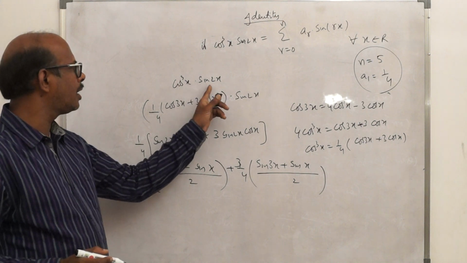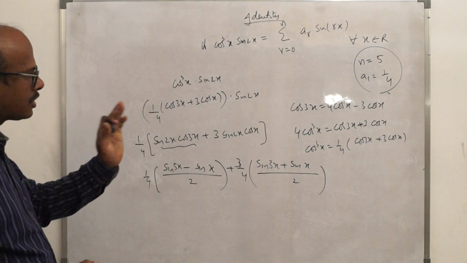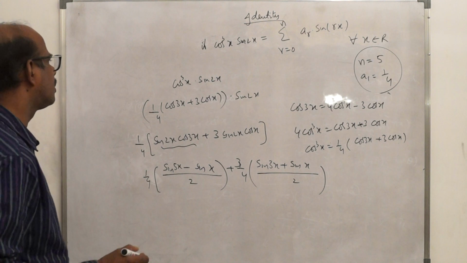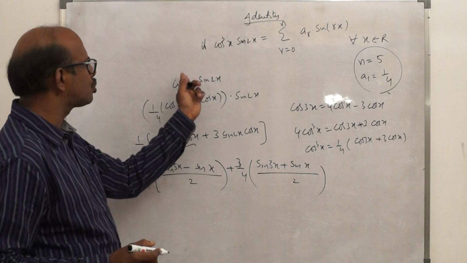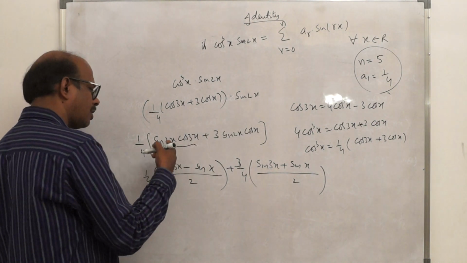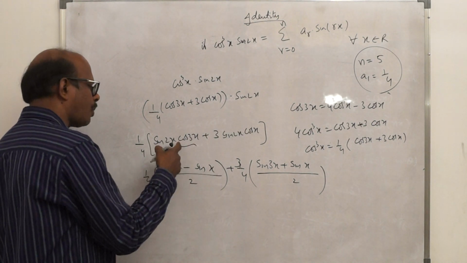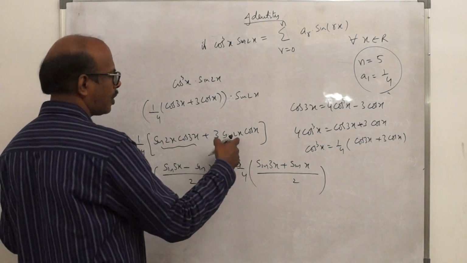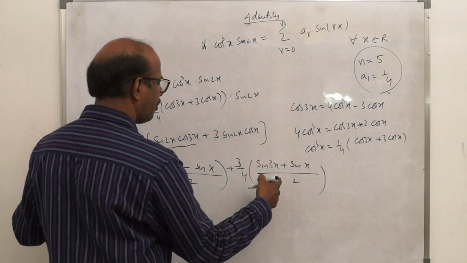Previously, if I went by writing sin 2x as 2 sin x cos x, after simplification we may get a different fashion. That's why I am converting cos cube x from the cos 3x formula, then multiplying with sin 2x and converting this product form into sum form.